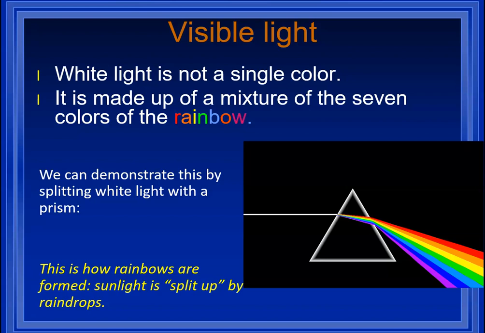But if we look through a prism or a raindrop, it will bend it so that our brain can actually see them individually, and so that's where you get the colors of the rainbow. So white light actually will split up and make the ROY G. BIV.